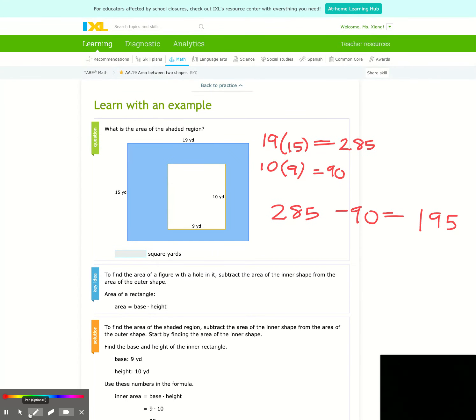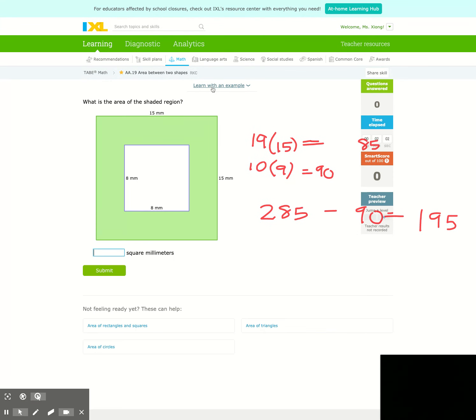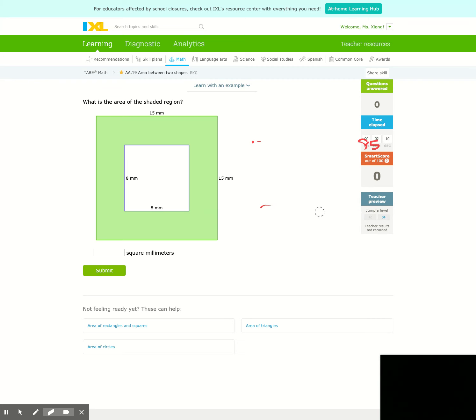Let's go and try a problem now. Okay, so erase this. My first figure, all right, the large rectangle is 15 by 15. So I will do 15 times 15, which is 225.